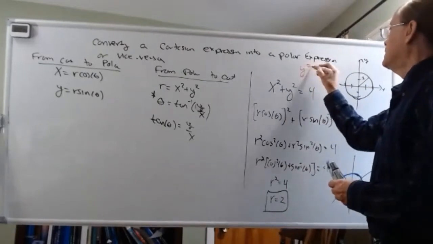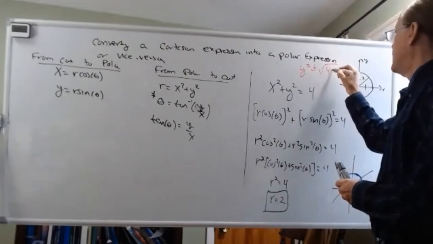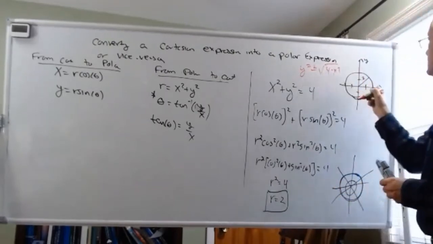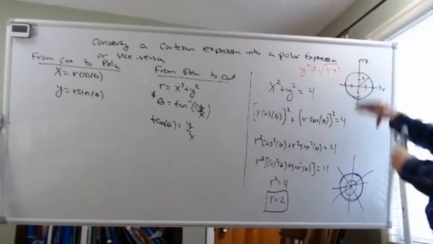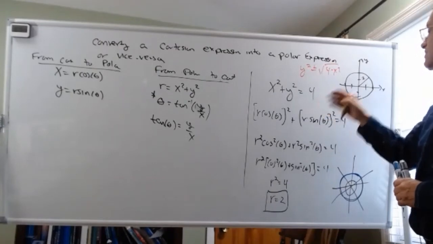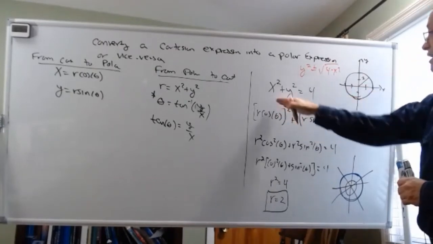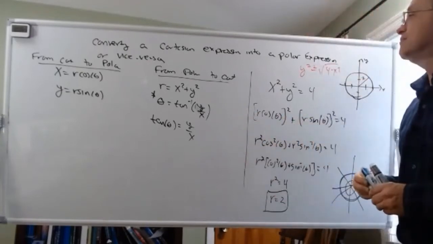I'd have to say y is equal to plus or minus the square root of 4 minus x squared. Plus will give me the top half of the circle, minus will give me the bottom half. And I have to do it in pieces on an HP or TI calculator. But I can do this exactly, and we have the software packages that you see.